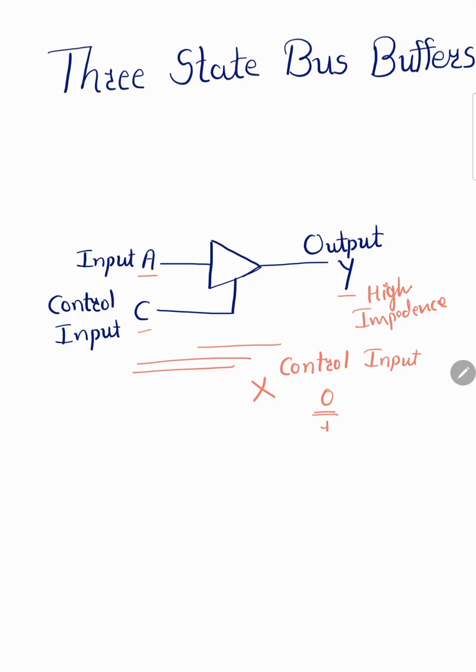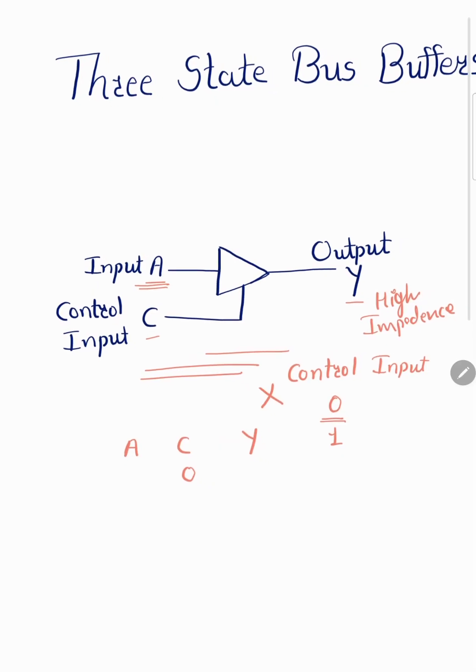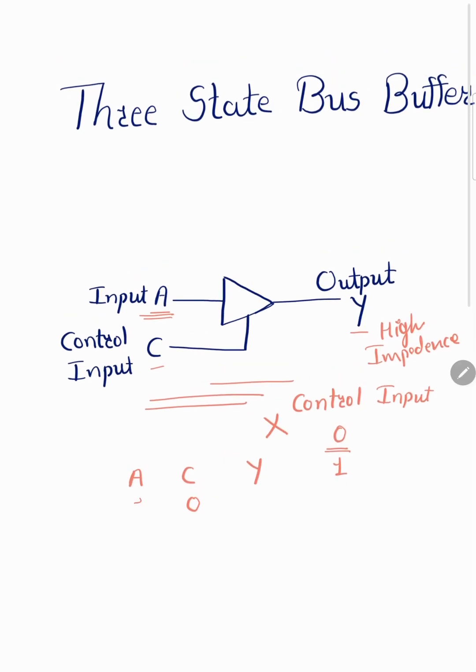But if your control input is 1, then based on your normal input, it will give you the output. If I create a truth table, this is my input A, this is my control input C, and this is my output Y. When the control input is 0, whether A is 1 or 0, it goes to the high impedance state.